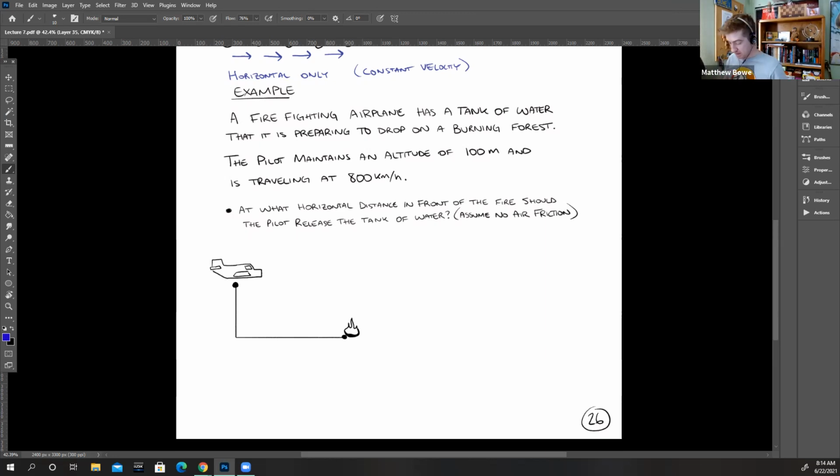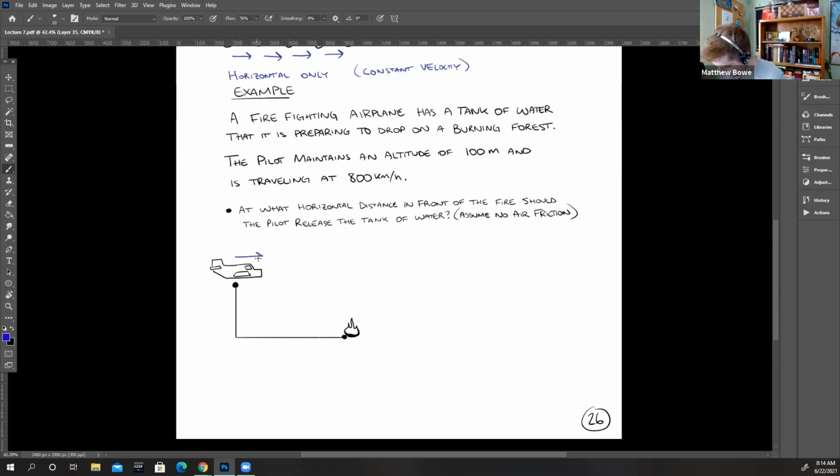So we have a plane that is flying very quickly towards a fire, and it's also very low. So it needs to judge how far the water is going to move while falling.